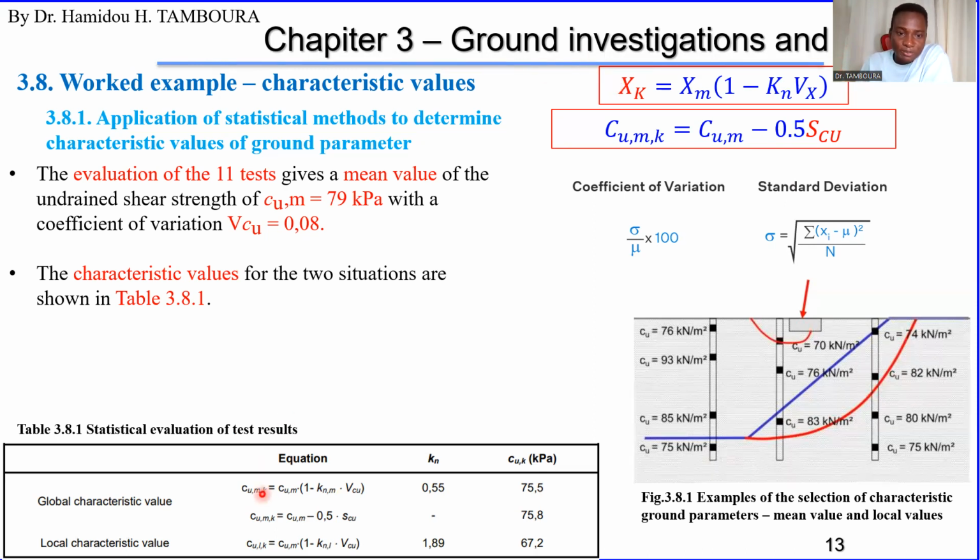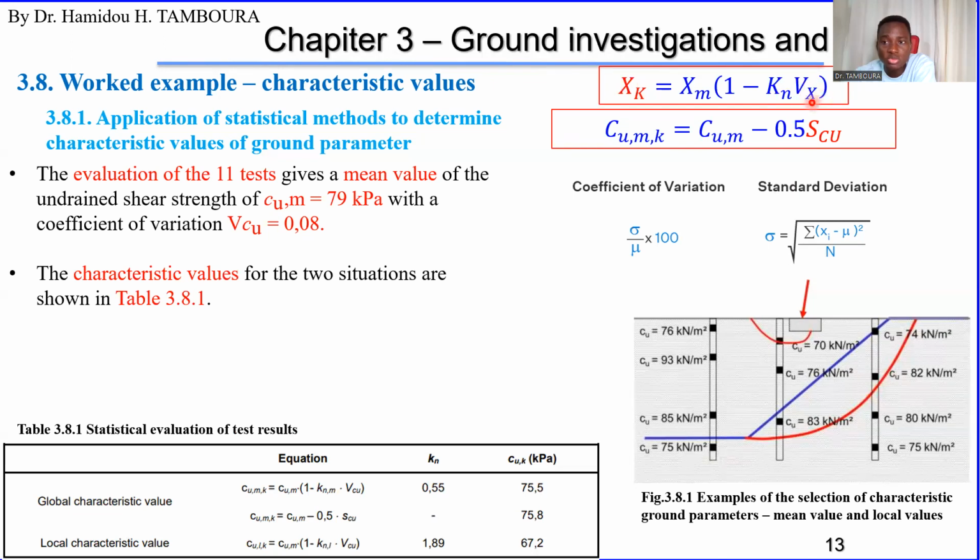So the average one, using average for the slip surface, slope stability. So this one, Xk is Xm multiplied by, and here Cu,m, this value 79, you multiply by 1 minus Kn. The Kn here, you have it here, 0.55 in this case, multiplied by Vx.